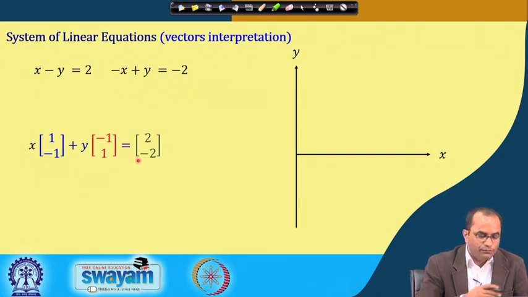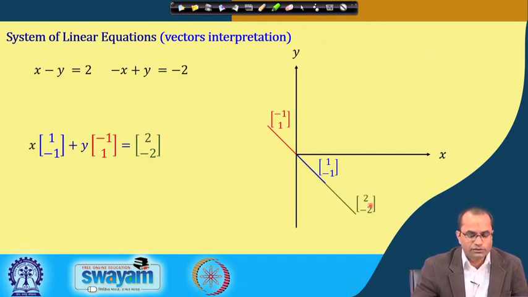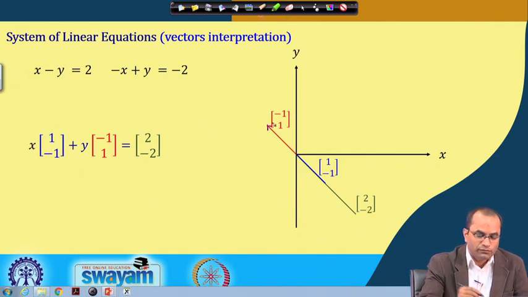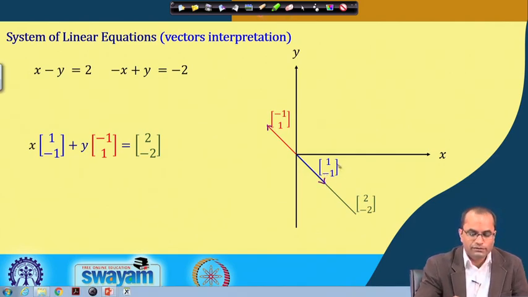Now if we plot these vectors, the one here is 1 minus 1, then we have minus 1 1, and the other one is 2 and minus 2. So we have these three vectors. It is very clearly visible now that the vector 2 and minus 2 we can get from one of these vectors, or by linear combinations we can multiply.